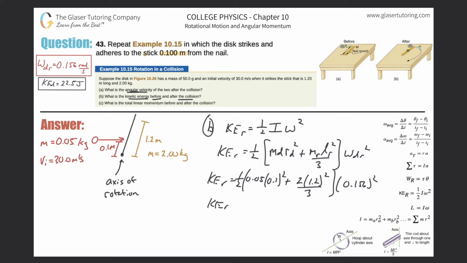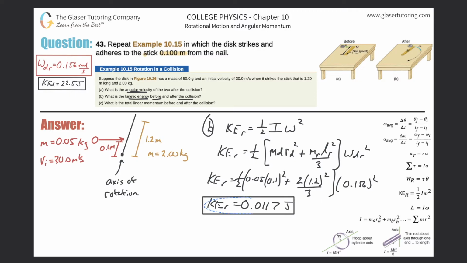So KER is equal to 0.05 times 0.1 squared, I'm doing the moment of inertia first, plus 2 times 1.2 squared divided by 3. Multiply that now by 0.5 and then 0.156 squared. What do we get? We get a value of about 0.0117, it looks like, and that's again in joules. So that takes care of that answer.